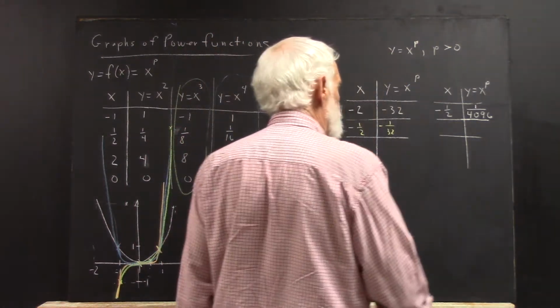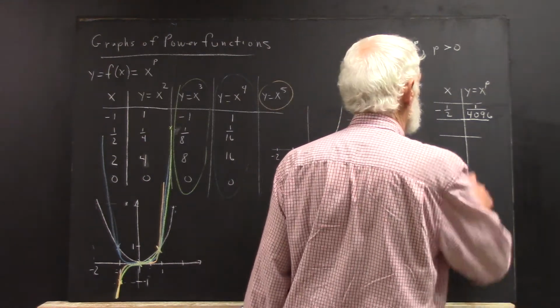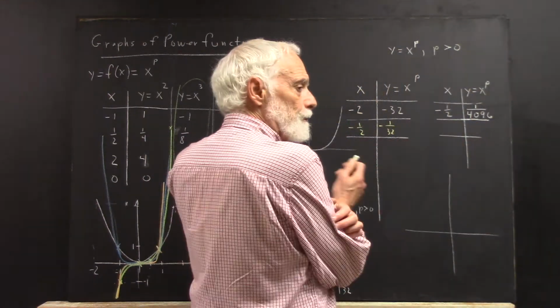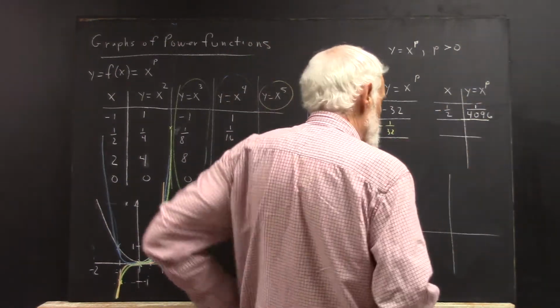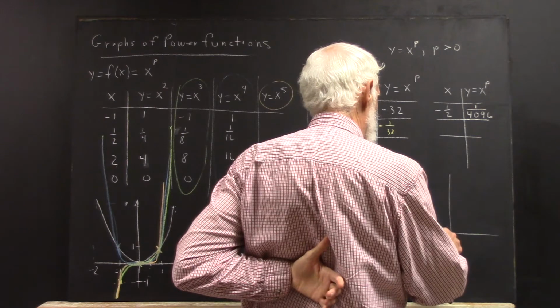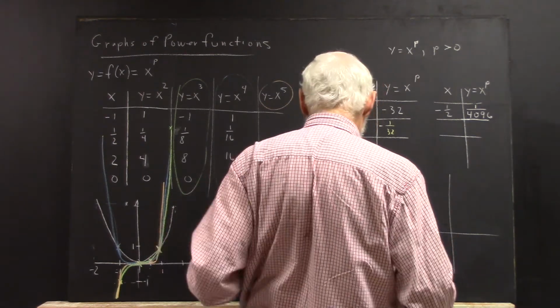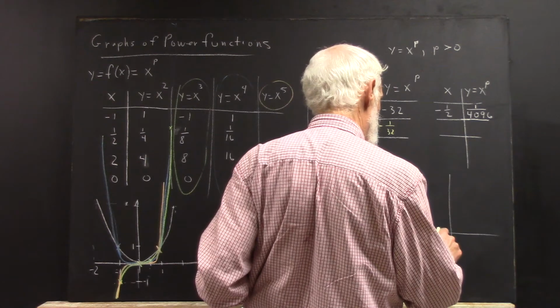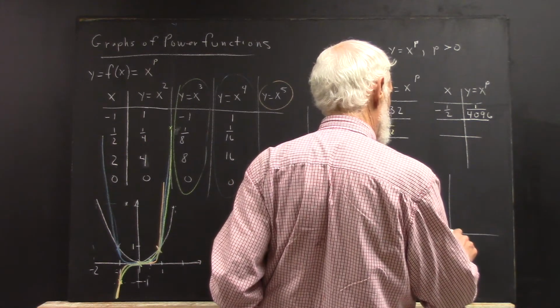Okay, so let's consider this one. Now y is 1/4096 when x is -1/2. So that means we got the point here where we have -1/2, and our y value is 1/4096.